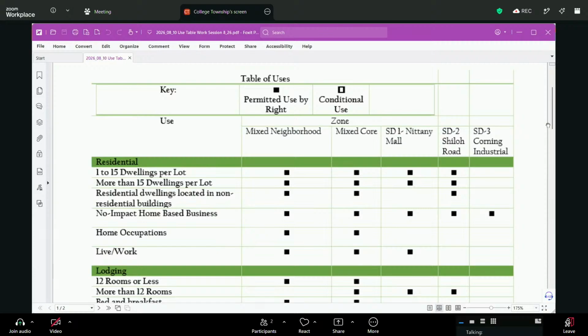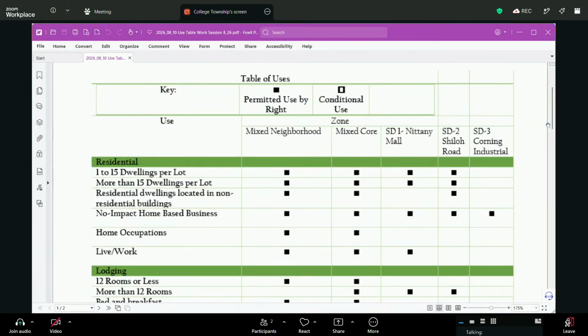So it'd be like a seamstress, a one-chair hair salon in your house. Got it. Not a 6-chair hair salon in your house. The home occupation would be for you: you'd have one chair, you'd only see 1 or 2 people an hour. Got it. Any comments on residential?